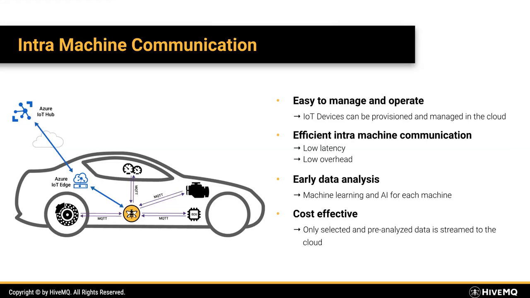Yeah, and as already said, it's a way to be very cost effective because if you have mobile machines like a car, for example, that have to push all the data through mobile networks, bandwidth is something that actually costs money, and the lower bandwidth you need, the more money you save.